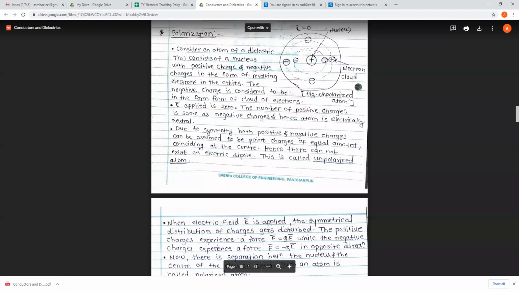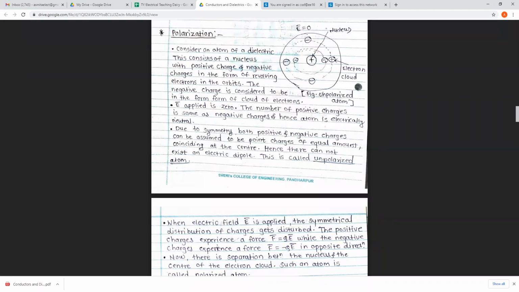We saw in the last lecture what an electric dipole is: two opposite charges, plus q and minus q, separated by a small distance. This is called the unpolarized atom.